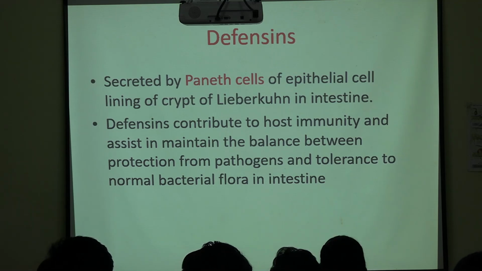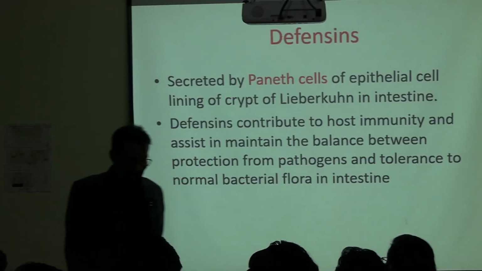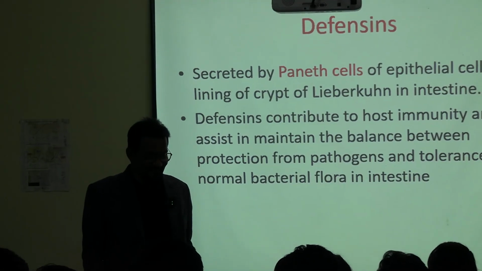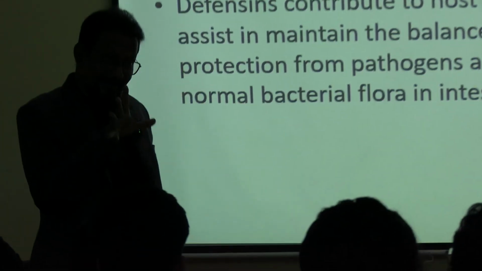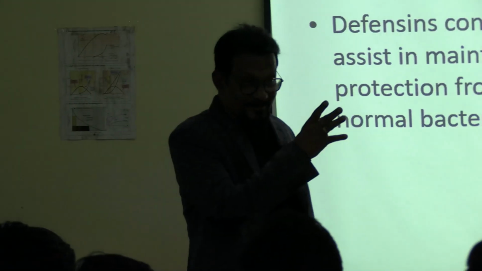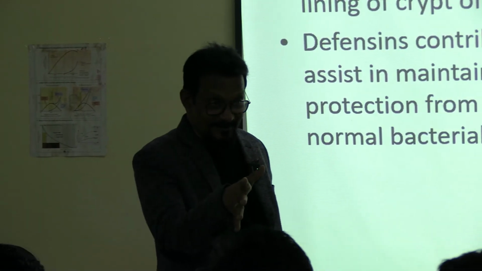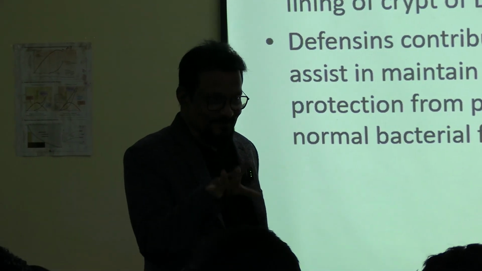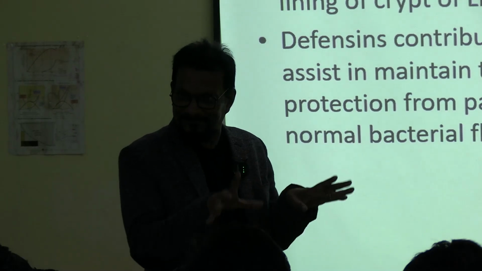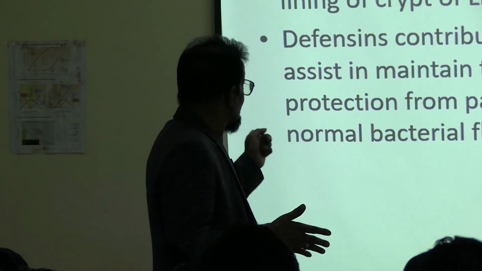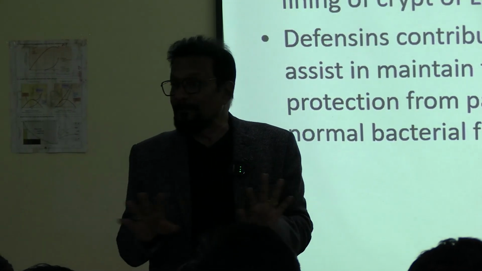This is a nice thing, no? We have some beneficial bacteria in our intestine. So it will make a balance. Other bacteria, I will not allow. Beneficial bacteria, you keep. So I will make a balance between the two. In the absence of defensin, this will be imbalanced.